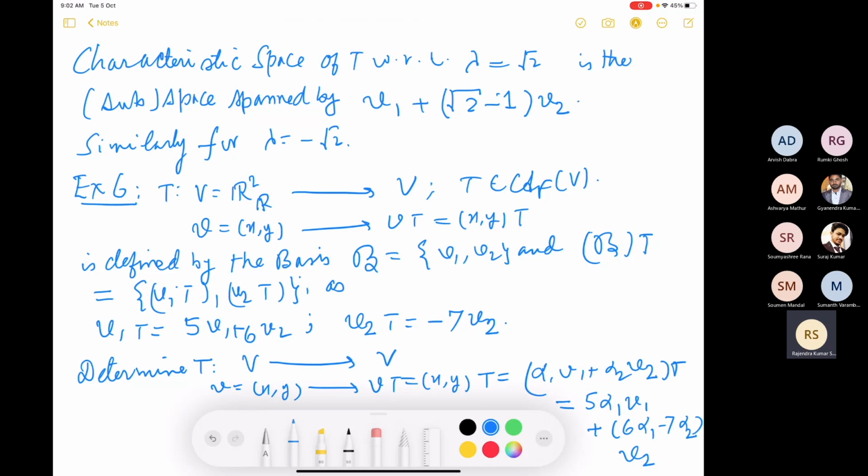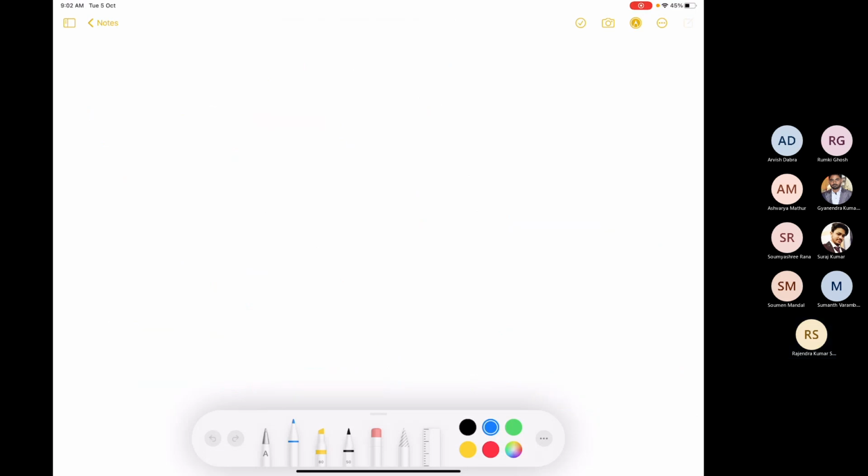And vT is equal to lambda v, if v is the characteristic vector.